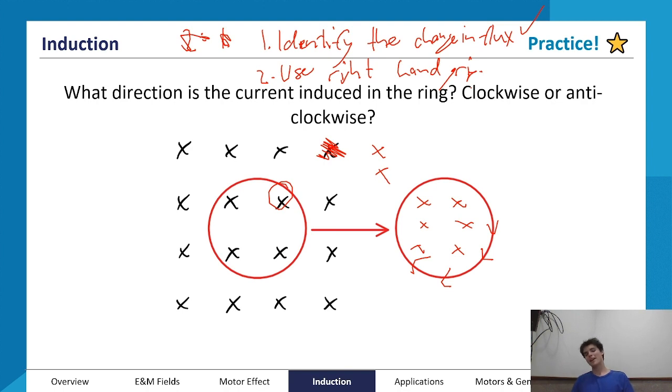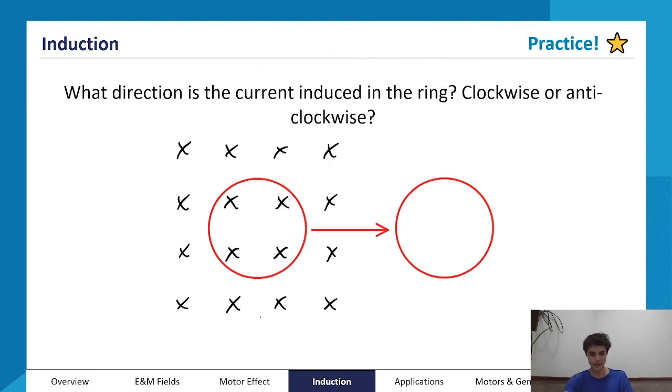So just to recap everything that's going on here really quickly, because I know that a lot of people really struggle with this. The first thing we did was we identified the change. We said, okay, what was happening? We went from some magnetic field to no magnetic field. Therefore, the change was we were losing our magnetic field strength. That's step one. Step two, we then ask, how do we oppose that change?